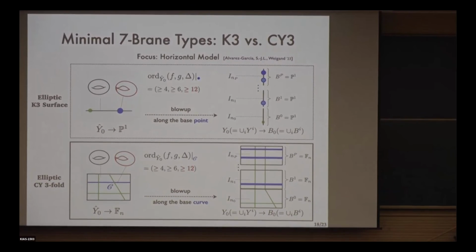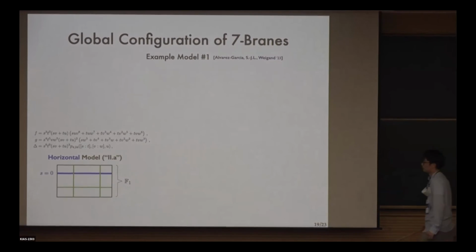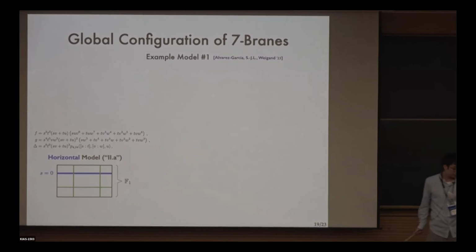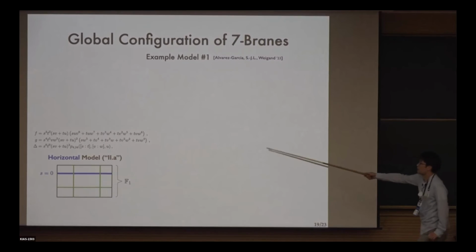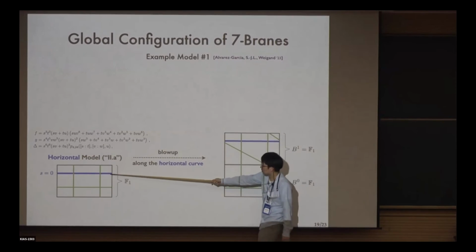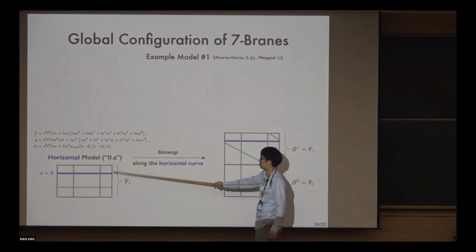Then we get some complicated global configuration of these 7-branes. So in order to get some intuition about possible global 7-brane configurations, let me show you a couple of models before I conclude. Here is model number 1. I won't read the equation for you here. Let me just describe what happens. We blow up along this horizontal non-minimal, say type 2A, locus.